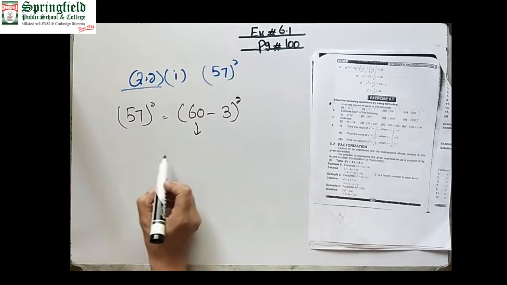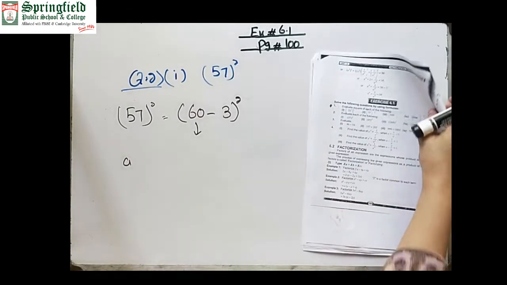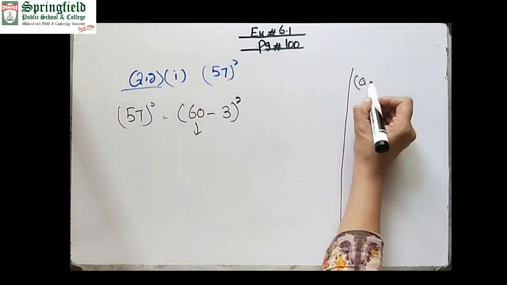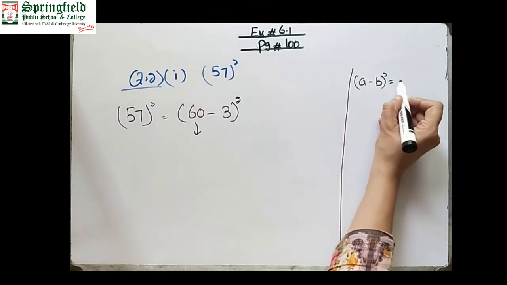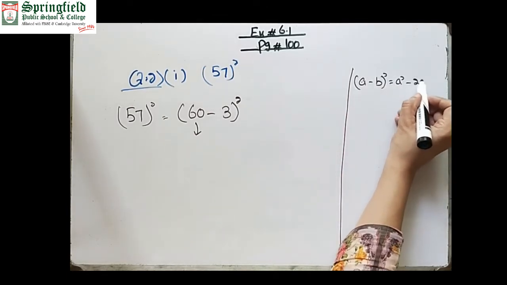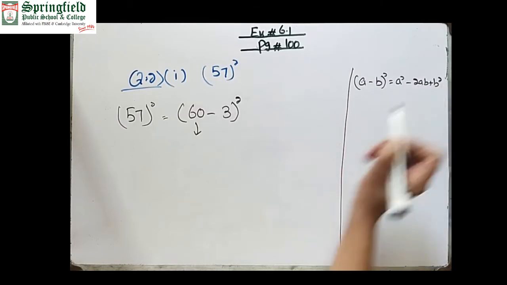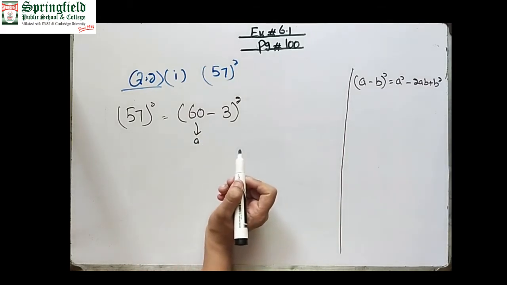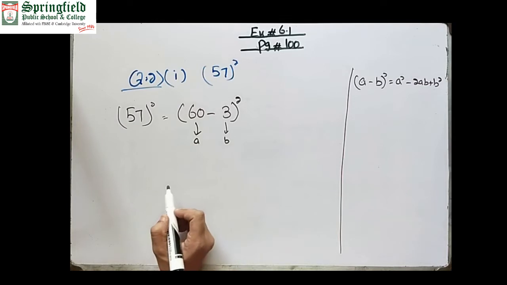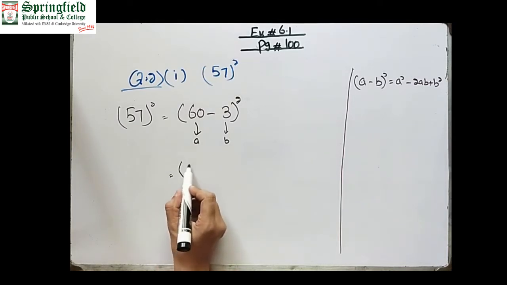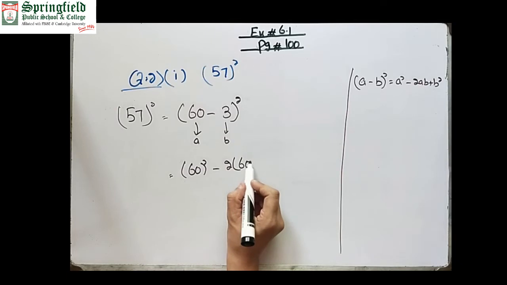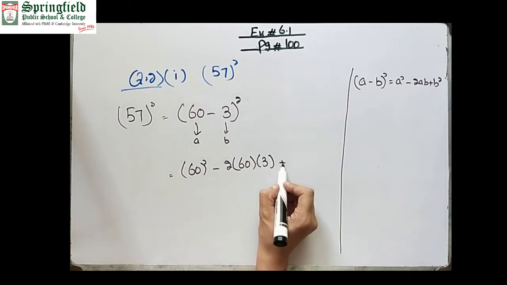Now open this according to the formula. As we know, the second formula is a minus b whole square is equal to a square minus 2ab plus b square. Consider that the first number is a and the second number is b. Then open this, so it becomes 60 square minus 2ab plus b square.